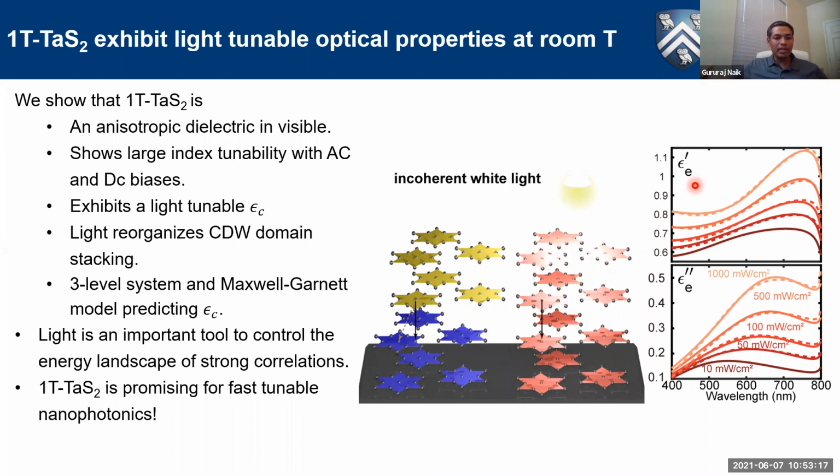Okay, so all the electrons participating together in interacting with light. So we showed that the charge domain stacking is an important parameter in the energy landscape of the system, and light is a powerful knob to tune this energy landscape, to sculpt this energy landscape in this material.